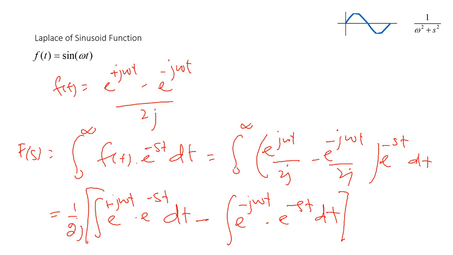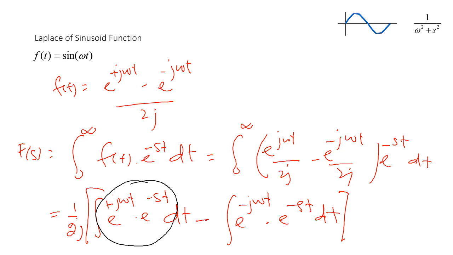Now if you examine these two parts, it is e to the power j omega t and minus j omega t and e to the power st. In the previous lecture we calculated this type of Fourier transform, that we can add two powers with one another only if we have a common base of the exponent.